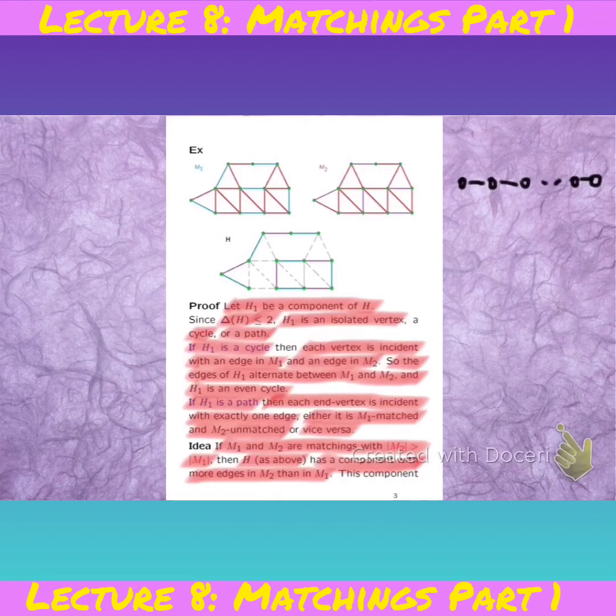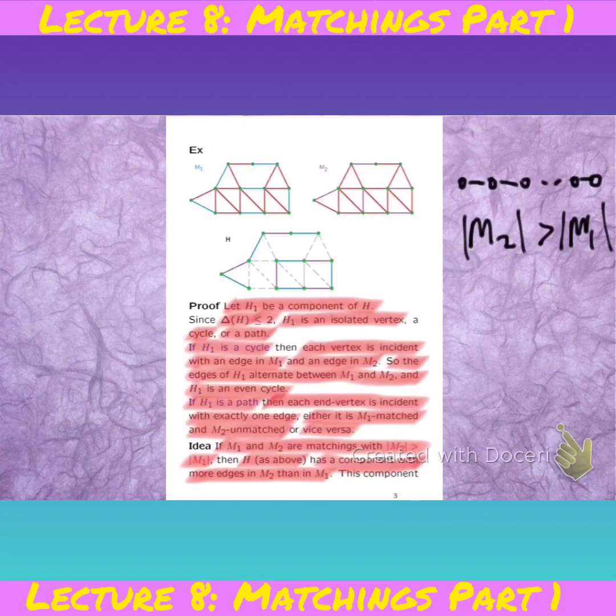Now, if each one of these paths has a situation where the number of M1 edges is bigger than or equal to the number of M2 edges, then you're going to get a contradiction with the fact that the cardinality of M2 is bigger than the cardinality of M1. So at least one of these paths must have more M2 edges than M1 edges.